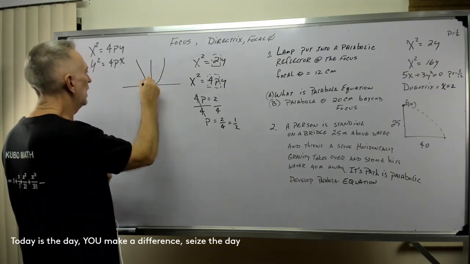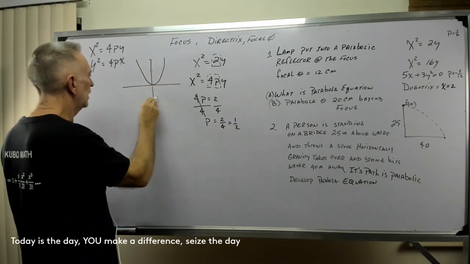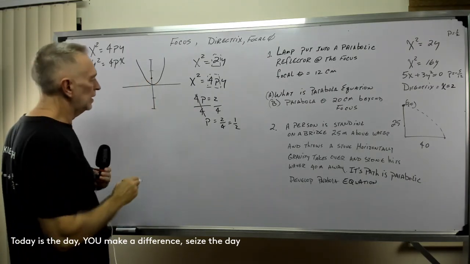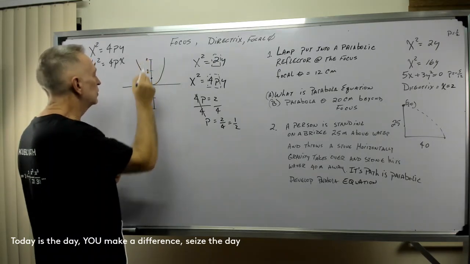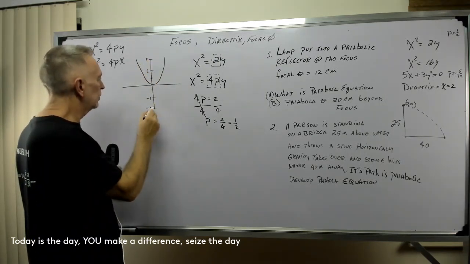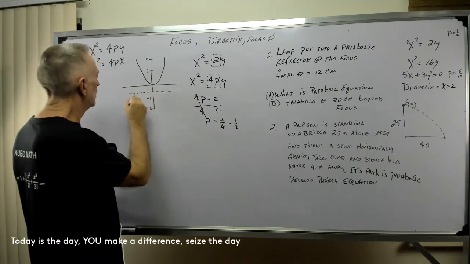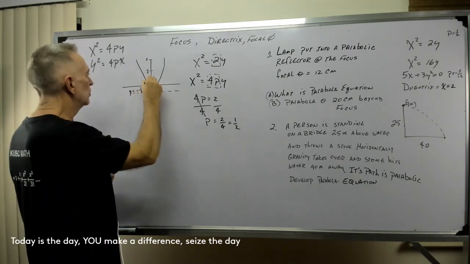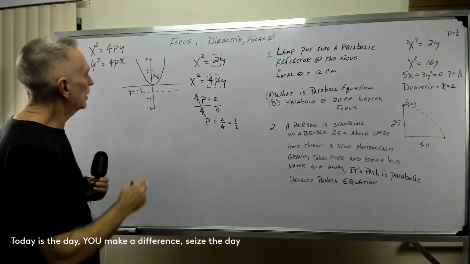p equals 1/2. So let's say this is 1, 2, -1, -2. We know that p is 1/2. So it's sitting here. There's 1, there's 2, -1, -2. So now my directrix is here at y equals -1/2. So p equals 1/2. y equals -1/2. It's the directrix.